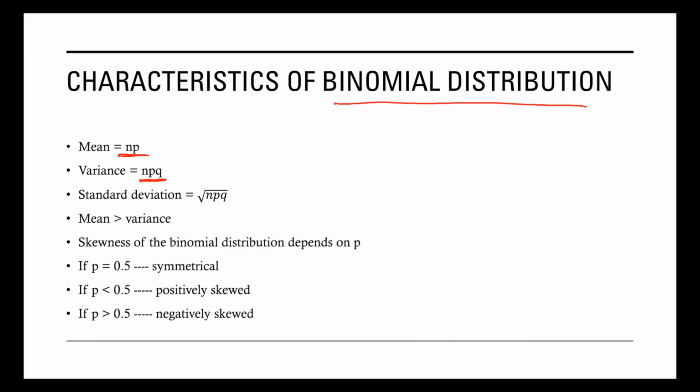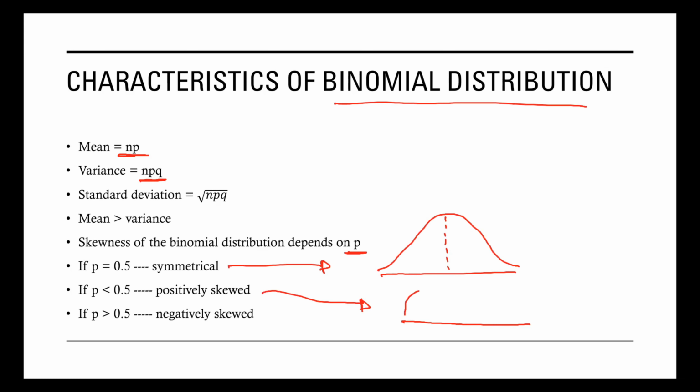And the skewness of the binomial distribution will depend on P, which means the probability of success. If the probability of success is equal to 0.5, we call it a symmetrical distribution, where the skewness is 0. And if P is less than 0.5, we call it a positively skewed distribution, where the distribution is like this.